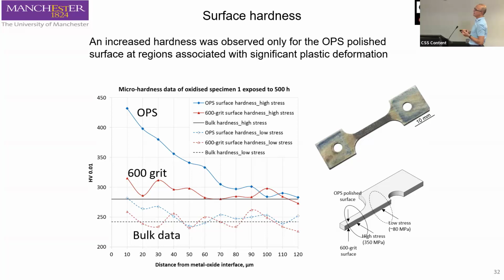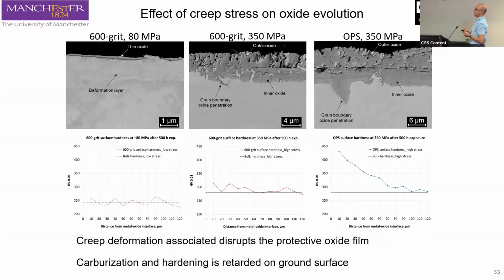What we noticed is that only the OPS polished sample demonstrated some elevated hardness associated with carburization, whilst on the 600 grit there was no hardening in the bulk, which was an interesting finding, considering that even on the 600 grit you had the disruption of the oxide. And here is a general overview.